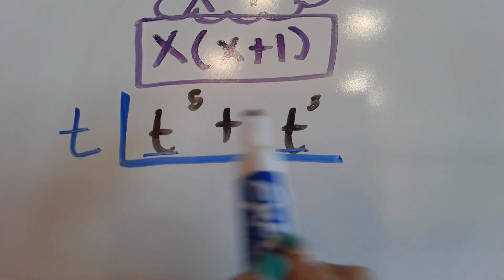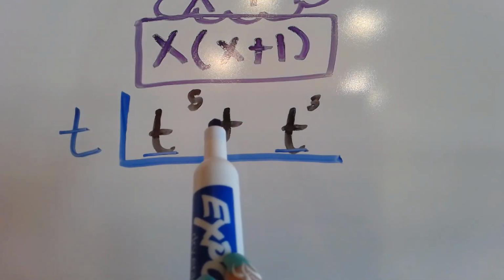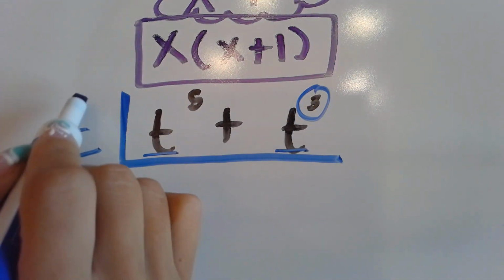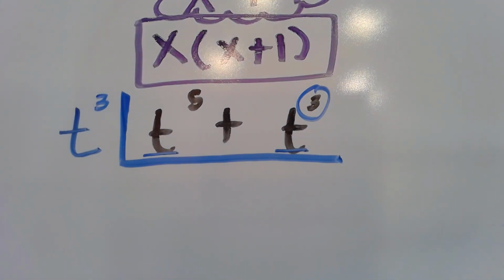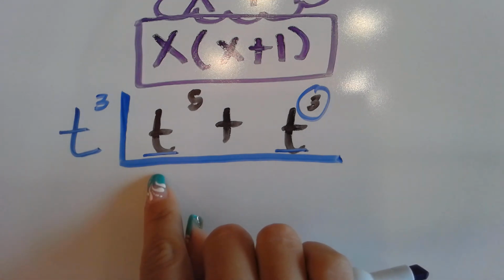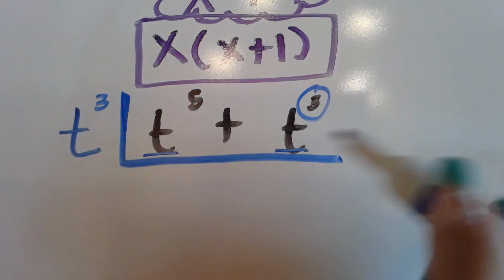And we see that they both have exponents. Which one has the smallest exponent? 5 or 3? This 3 is the smallest one, so we're going to take out the 3. So what we're going to do here is divide.